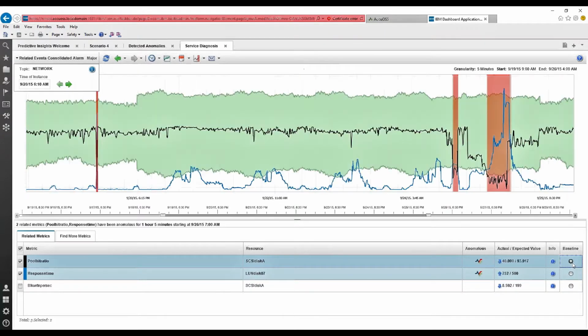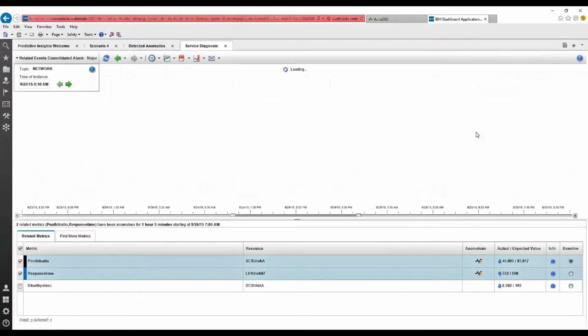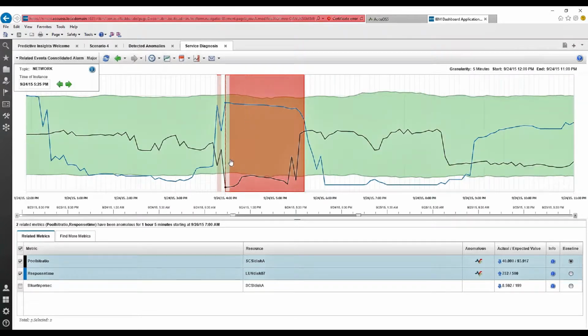We can turn on a baseline for one of them and get a feel for where that metric would normally have its baseline calculations. But again, later on, we had another crossing where, as this one is going down, this one is going up. Every time we see pull hit ratios decreasing, we see response time increasing, and vice versa when they come out of that situation and reverse back to a normal standard.